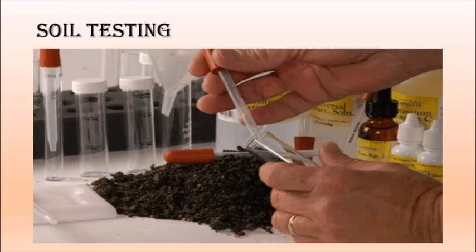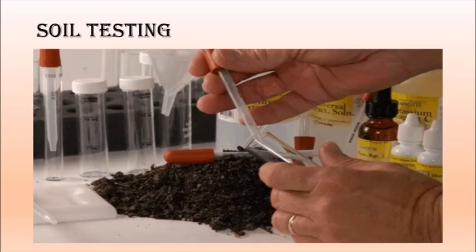That is called soil testing. So the proportion of the various ingredients of the soil can be determined through soil testing. A very important thing that is determined in soil testing is the pH of the soil, that is whether the pH of the soil is acidic, or alkaline, that is basic, or neutral.